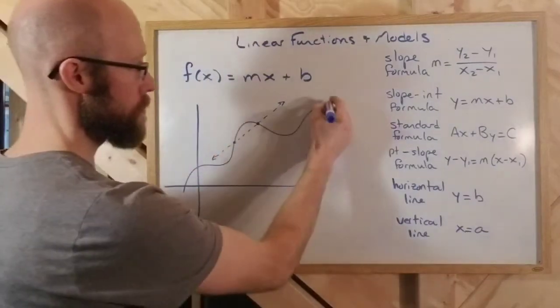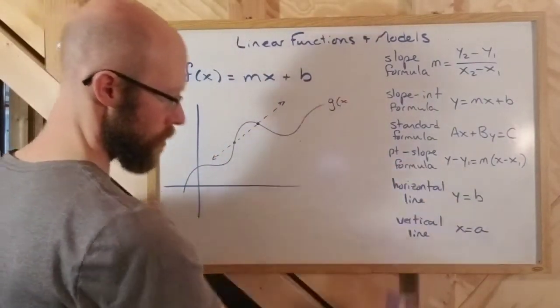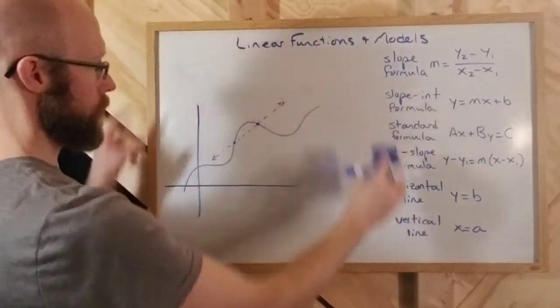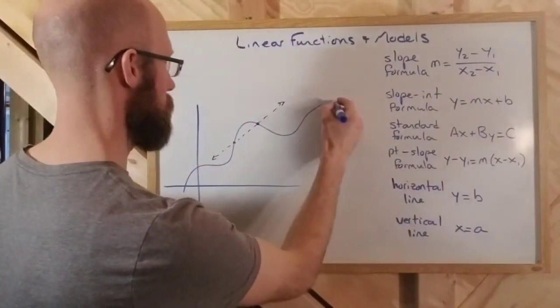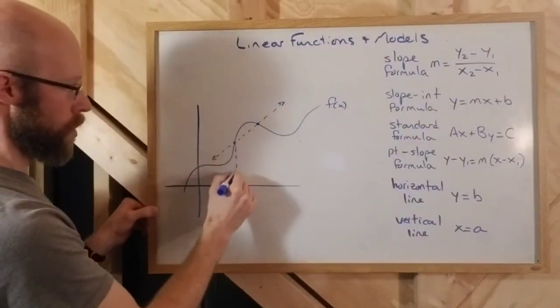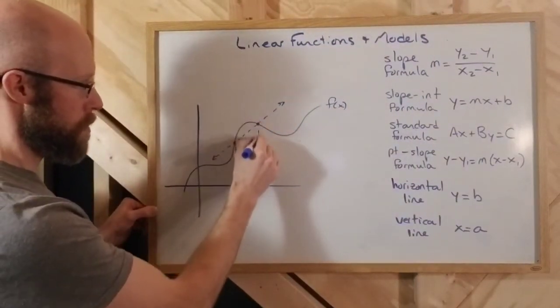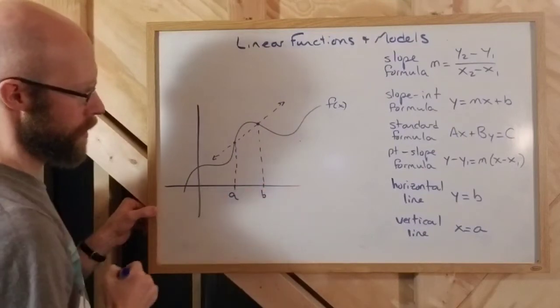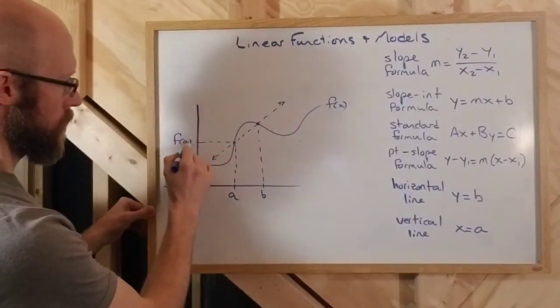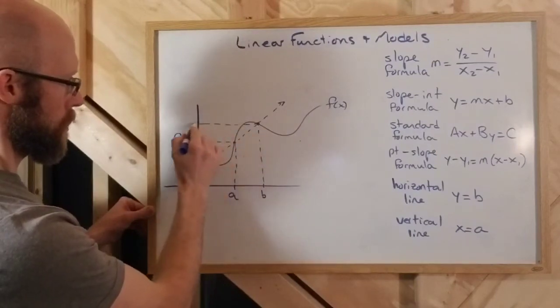If this is f of x, and I have 2 inputs, we'll call them a and b, then the corresponding outputs are f of a and f of b.